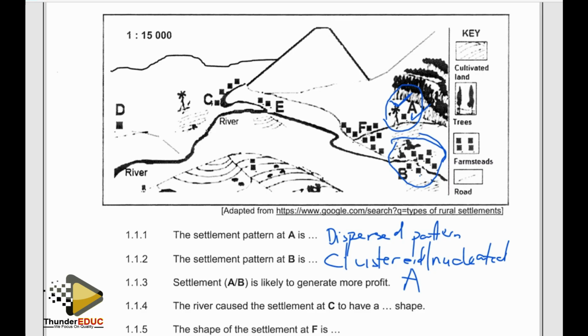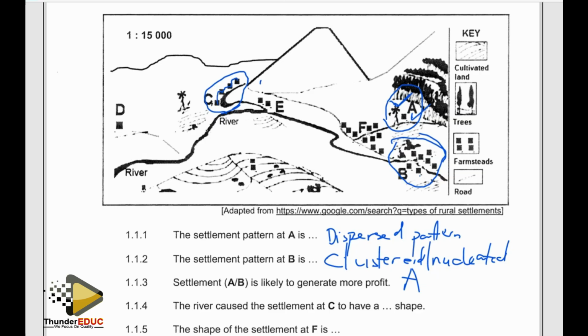The river caused the settlement at C to have a dash shape. I think we have earlier discussed that before we attempted the questions. Because of the influence of this river, how has it impacted on the shape of the settlement? If you are looking at the farmsteads here, you can see there's 1, 2, 3, 4. These farmsteads are situated in a line along the river.